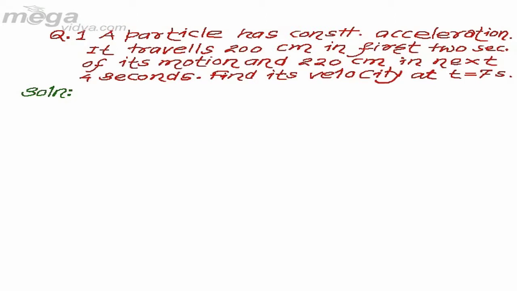First information has been given about the first 2 seconds of its motion, and then for the next 4 seconds another displacement is given, which is 220 centimeter. We have to find its velocity at t equal to 7 seconds, but there is no idea given about the initial velocity and obviously the acceleration under which this particle is moving.